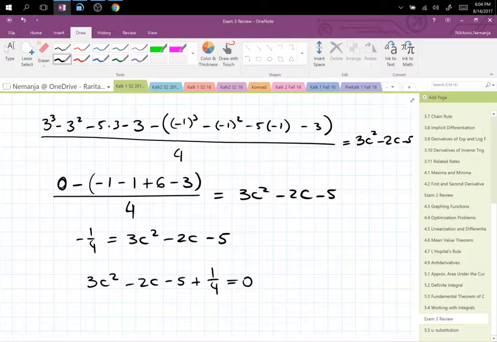Now obviously for the exam you shouldn't be having these crazy numbers like this. So solve 3x squared minus 2x minus 5 plus 0.25 equals 0.